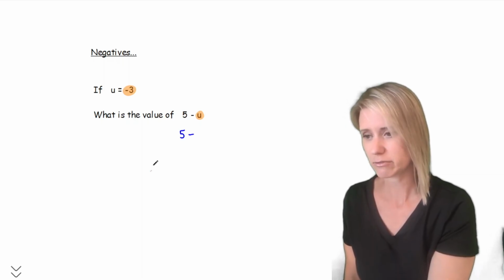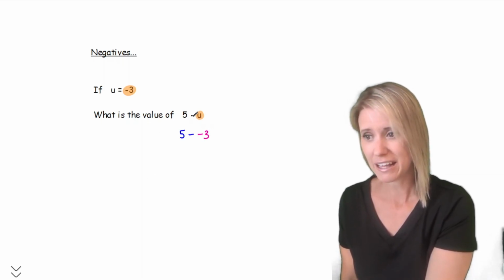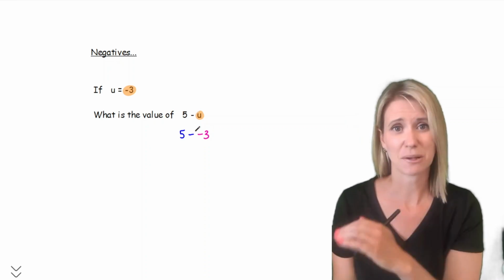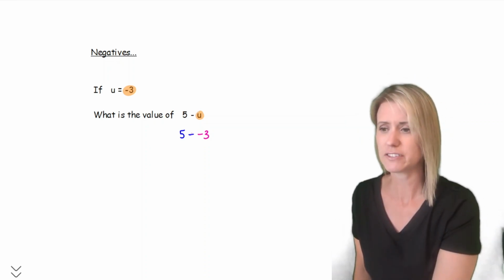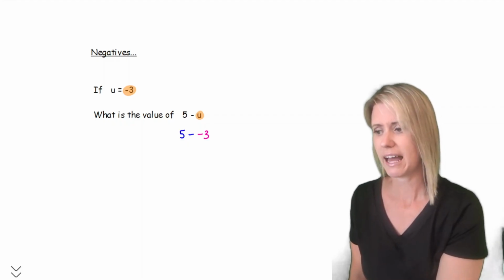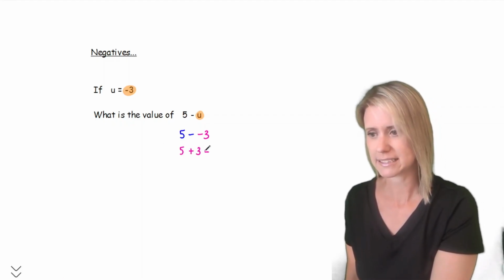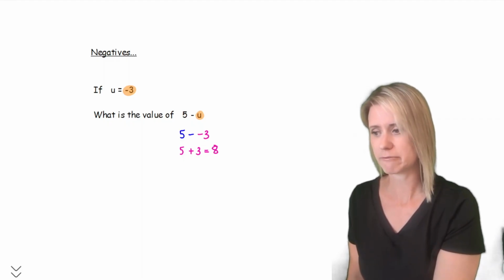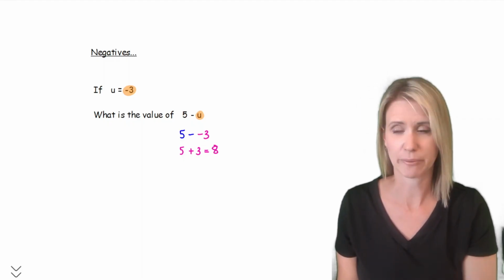So you need to replace u with -3. That other subtraction is completely separate from the negative. So we have 5 subtract -3, and 5 subtract -3 is 5 plus 3, which makes 8. So be really careful when subtracting a negative substitution.